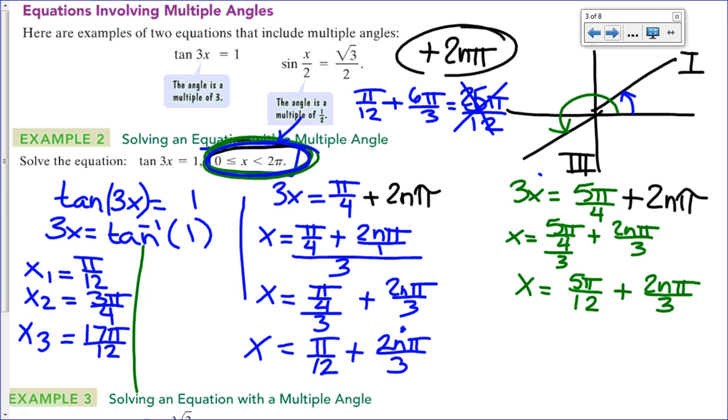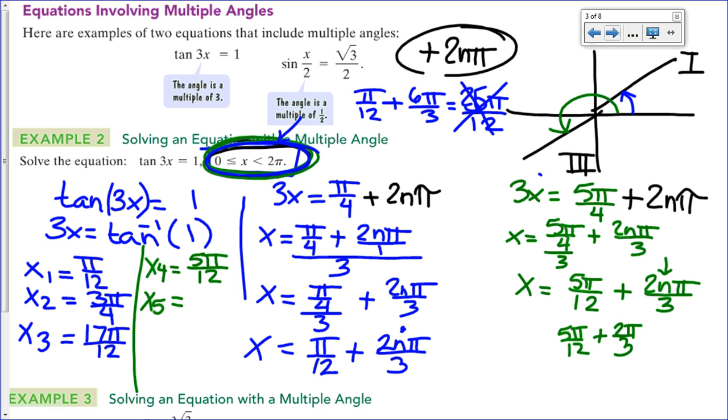So we start with, of course, making this n 0. So it will just be 5 pi over 12. Now let's make your n equal to 1. So you will be adding 5 pi over 12 plus 2 pi over 3.